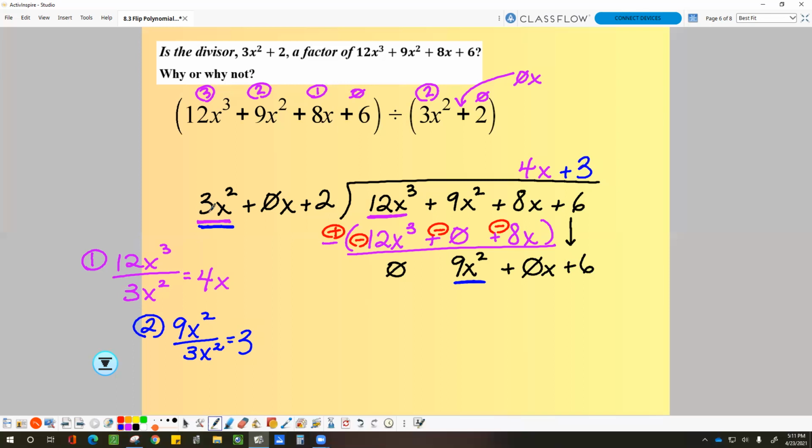3 times 3x squared is 9x squared. 3 times 0x is 0. 3 times 2 is 6. And when I subtract this polynomial, I change all the signs.